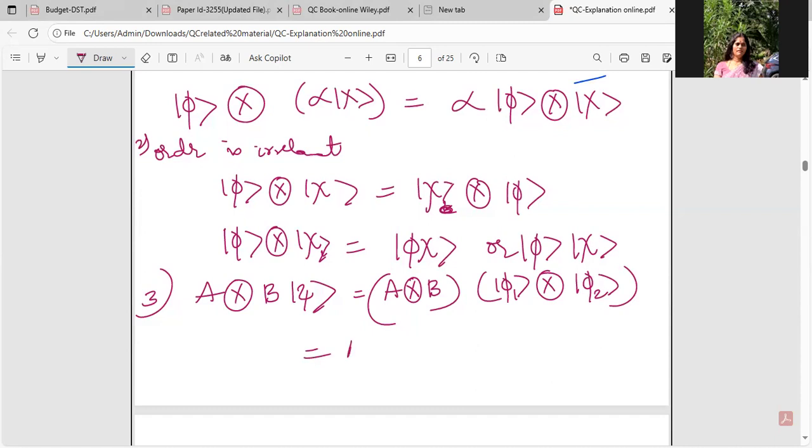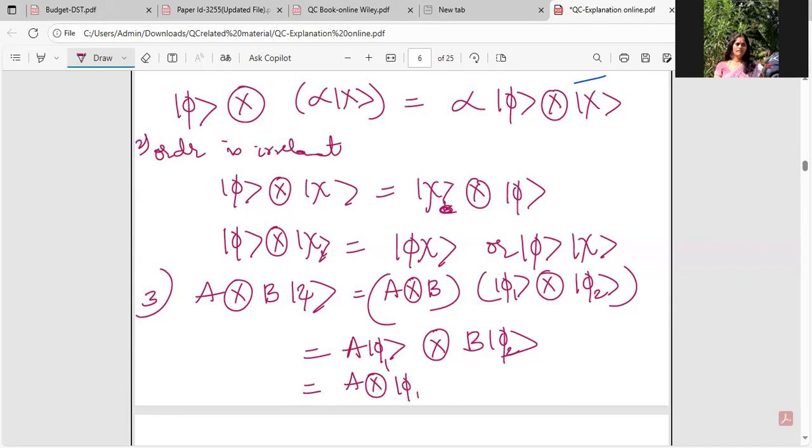That's what it means. Okay. It is like A ket phi tensor product of B ket phi 1, ket phi 2. Okay. Or this is nothing but A tensor product of ket phi 1.